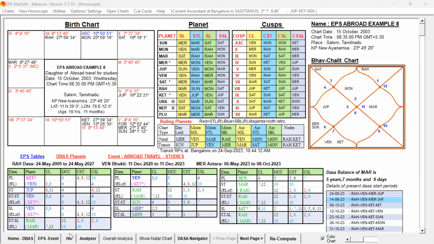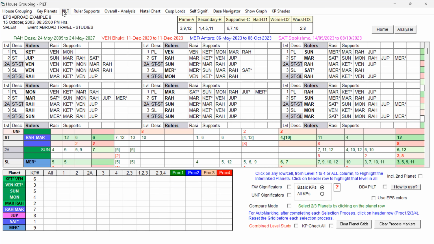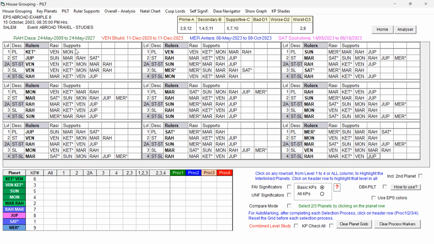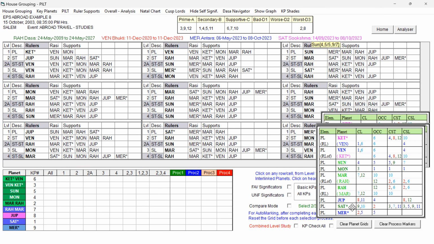Now let us go to the PILT table in the house grouping page. We have already selected the key planet colors in the previous EPS table examination itself. As you are aware, the key planet shades are different from what colors we have given in self-significations.